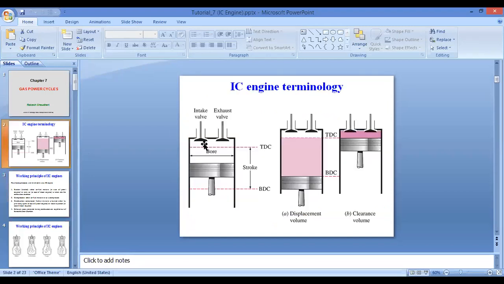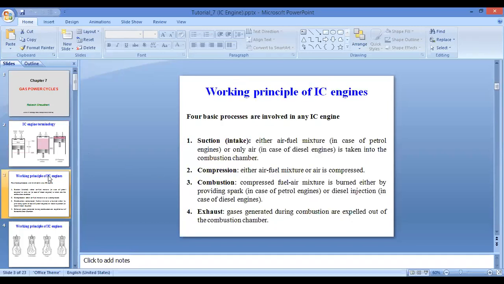The second one is compression. Why is compression required? Because the aim of our engine is to burn the fuel, and to burn the fuel we need to increase its pressure and temperature. For increasing the pressure and temperature, we need to compress that particular mixture.